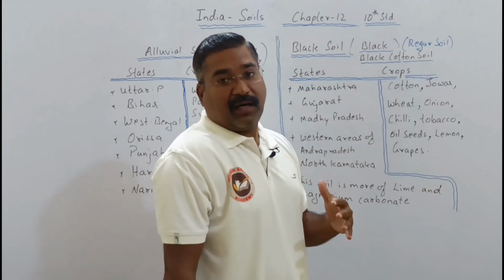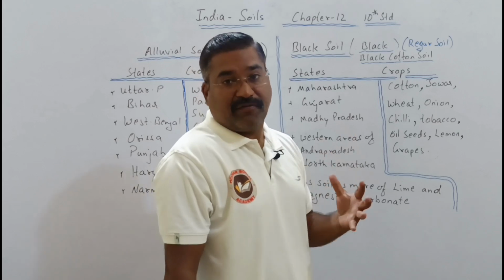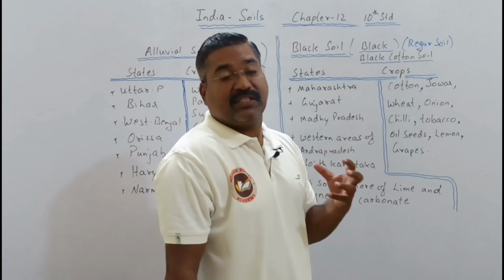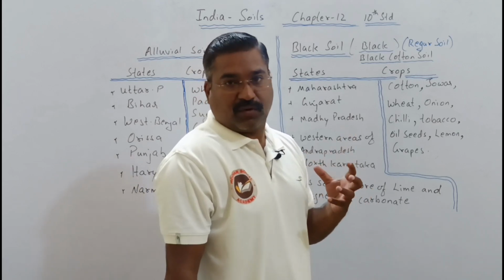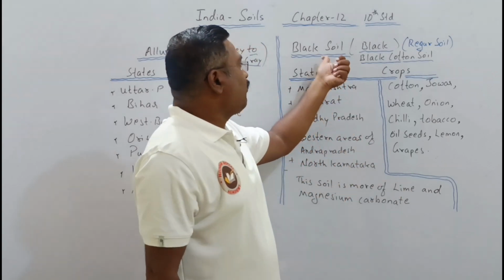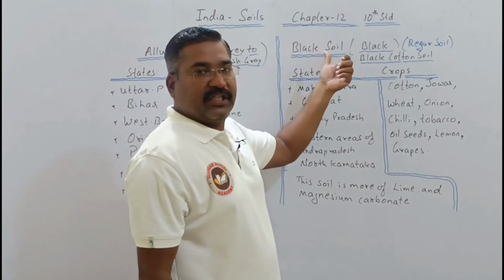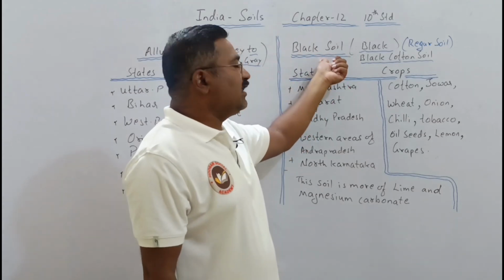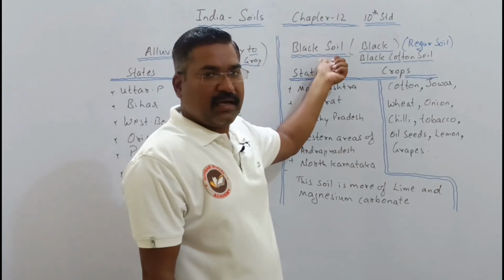When magma cools down and solidifies, it converts into rock. When this rock melts down, there is the form of the igneous rock. From there, we see the soil called black soil.